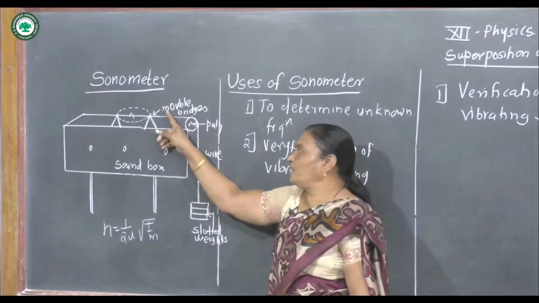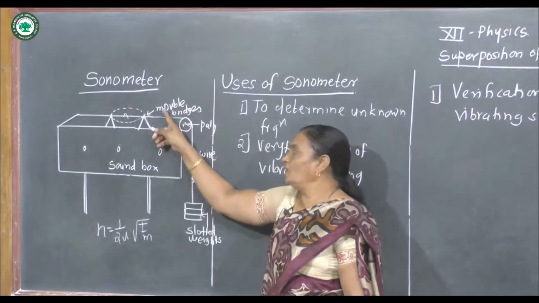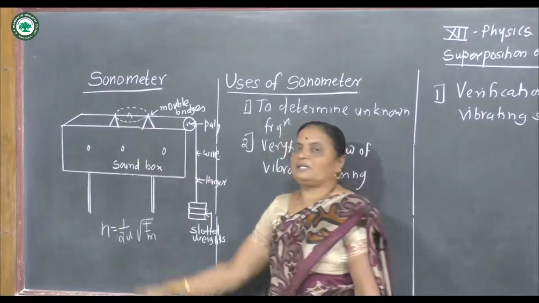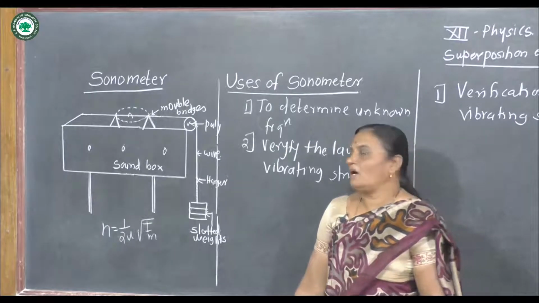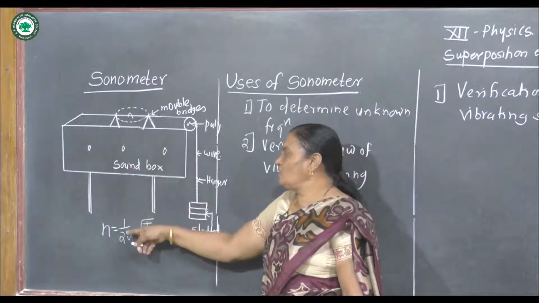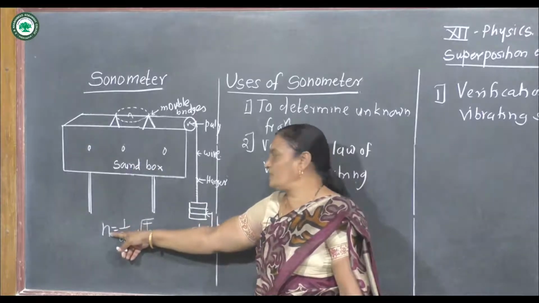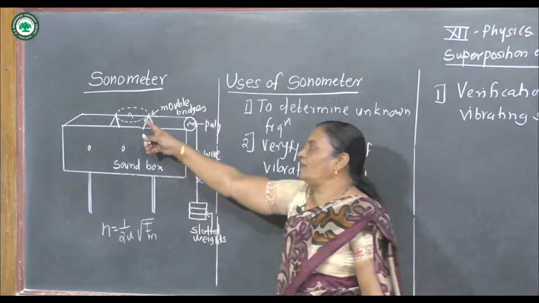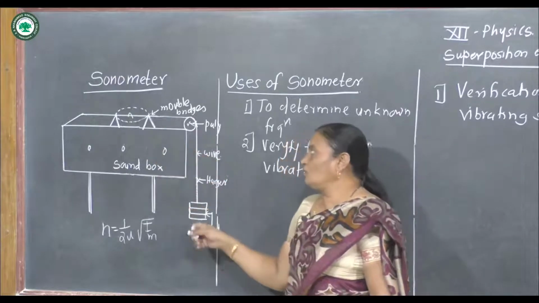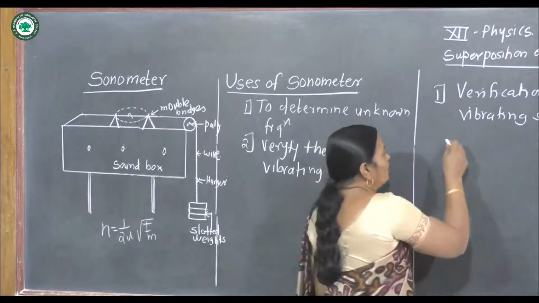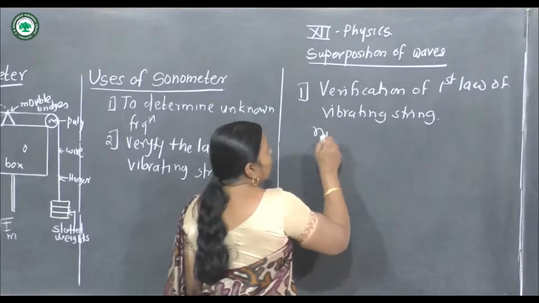It is vibrated by the hammer and kept on this sound box. The distance between the movable bridges is adjusted so that the natural frequency of vibration is equal to the frequency of the tuning fork. The paper rider falls down.